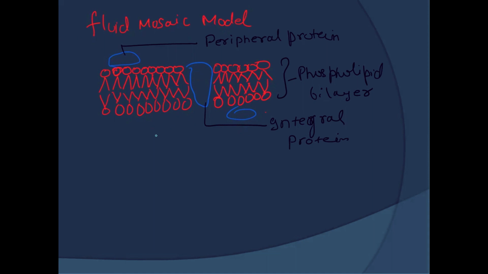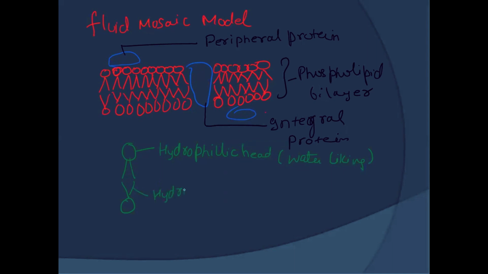Now let us draw this phospholipid bilayer like this. What is each structure? This is your hydrophilic head. When I say hydrophilic head, it means water liking; they can stay in the water.